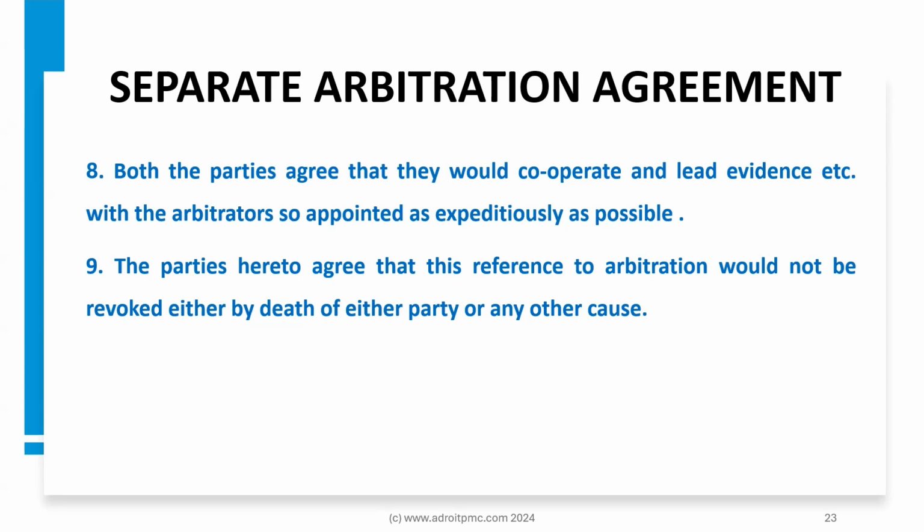Both the parties agree that they could cooperate and lead evidence, etc., with the arbitrators so appointed as expeditiously as possible. So they have mentioned that witness examination and other proceedings can be made as quick as possible.